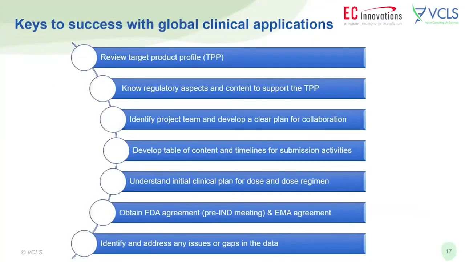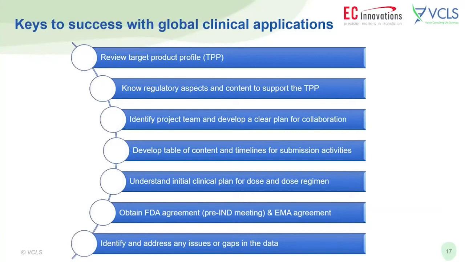So some of the keys to success with the CTA IND process is to review your target product profile. And we haven't talked about this document in any detail, but this is what we mentioned at the beginning of the talk, to develop your program thinking about what the end product should look like.